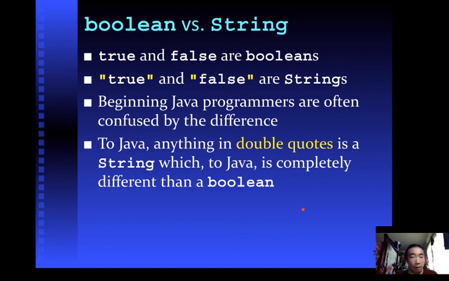Just like with the 4-4 assignment, when you did 3 plus 3 versus quotation mark 3 plus 3 closing quotation mark, those two things are different. True without quotation marks and false are reserved, those are Booleans. But true and false with the quotation marks, those are strings, words and sentences. We'll talk more about this string object second semester.